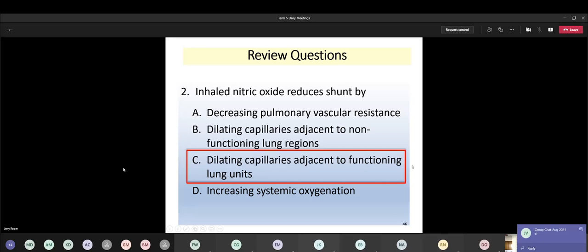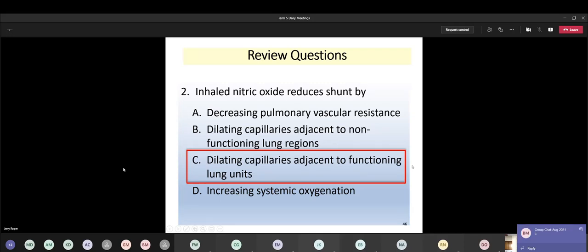Well, we have to be a little bit more specific, because we keep saying that iNO is a selective vasodilator. There are other vasodilators out there, but iNO is the only one that's going to target just the areas where there's good ventilation that's already taken place, good oxygenation, good ventilation.